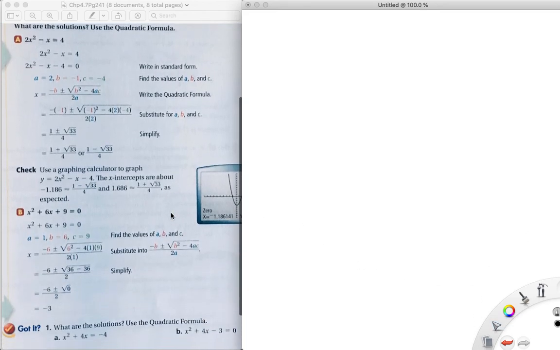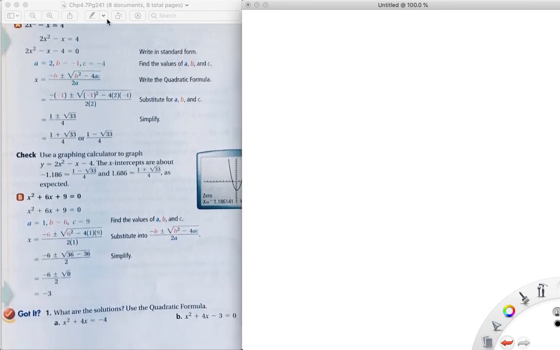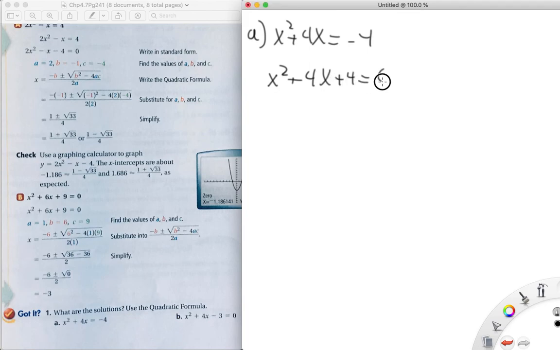Using the quadratic formula, in this case, if I have x squared plus 4x equals negative 4, I'm going to add the 4 to both sides. That's going to be x squared plus 4x plus 4 equals 0.